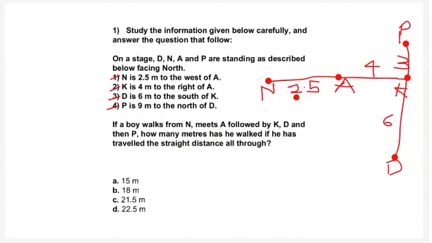That means exactly these distances: 2.5, 4, then 6, and then 9. Calculate it and let me know the answer. I'll start a poll for that.